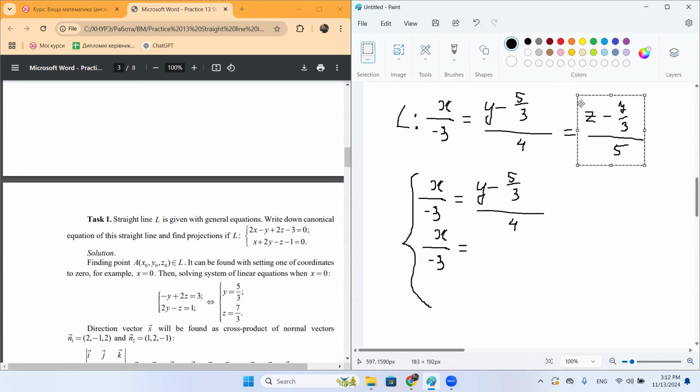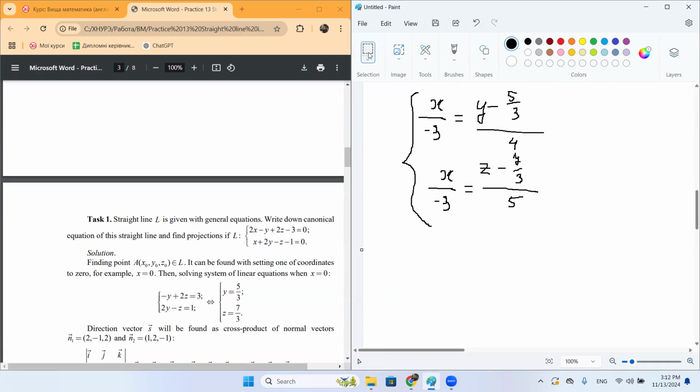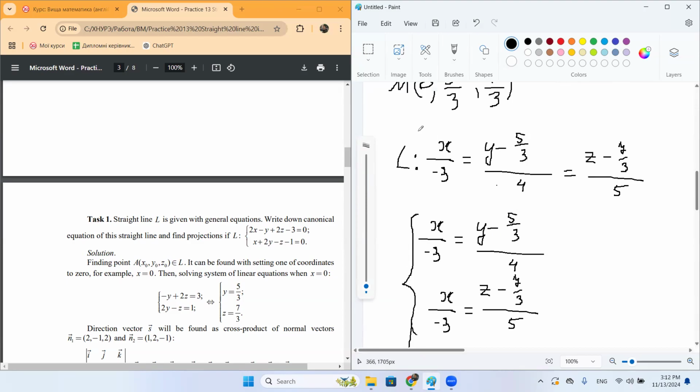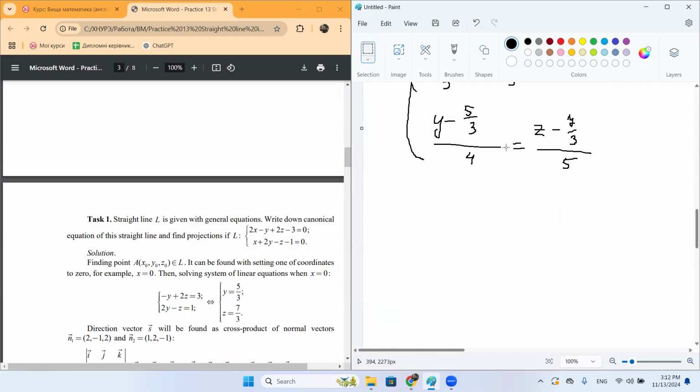And this is the projection on, yeah, let's move it to the bottom. This is the projection on the XOZ plane. And this equation is the equation of projection on the YOZ plane.